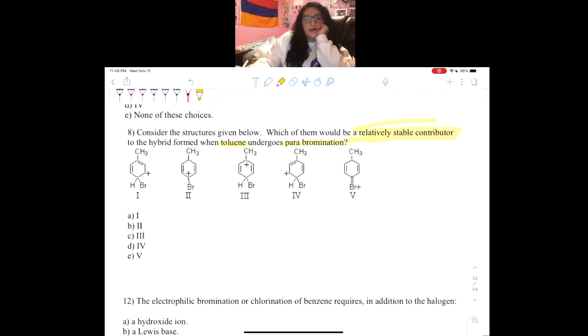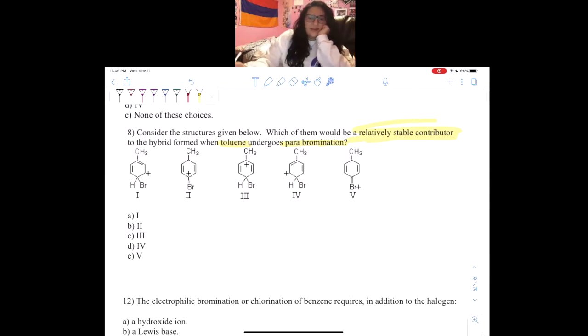So now it's a little bit different because we know that even though the toluene will be an activating benzene structure, it is no longer going to be donating electrons through resonance.